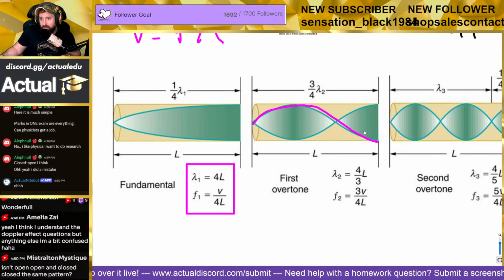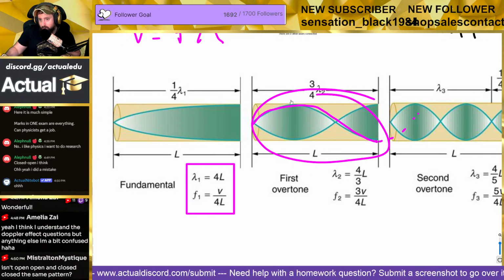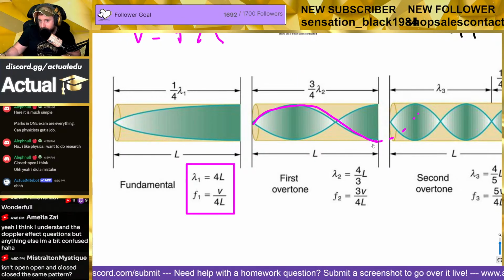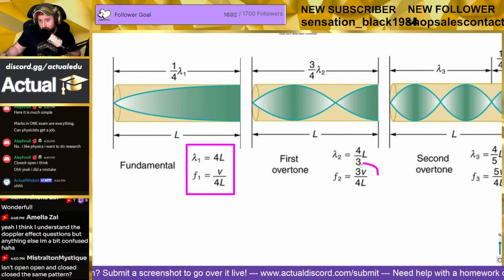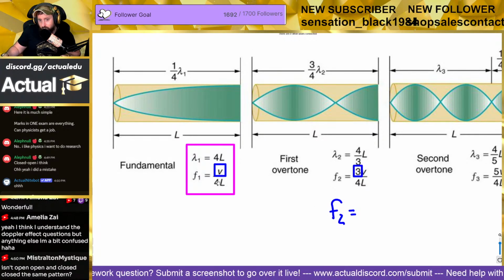And when that happens, now I have 3/4 of a lambda fitting inside L. So if I rearrange for lambda, I get lambda is 4/3 L. And if you do V equals F lambda, you can then solve for F, and you get that F is equal to 3/4 V over L. Notice a relationship here. F2, so the next harmonic, is equal to 3 times the first one. This is equal to 3F1.